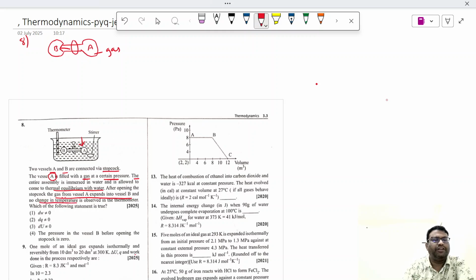This is very important. So some process happened here. In this process, there is no change in the temperature. Delta T is equal to 0, or dT is equal to 0.